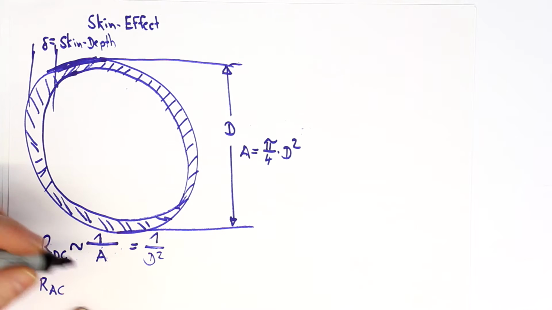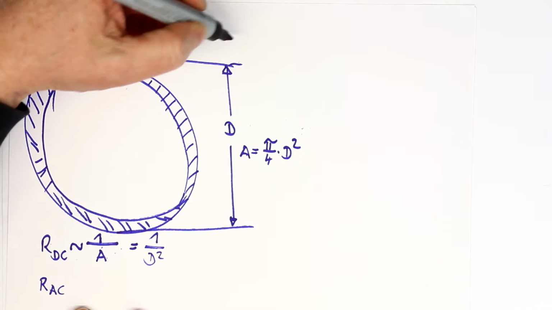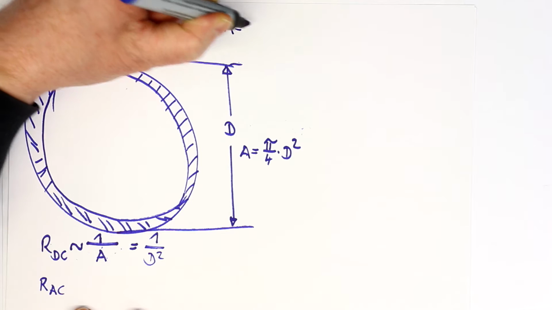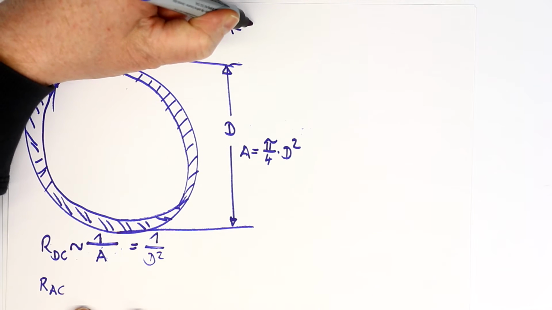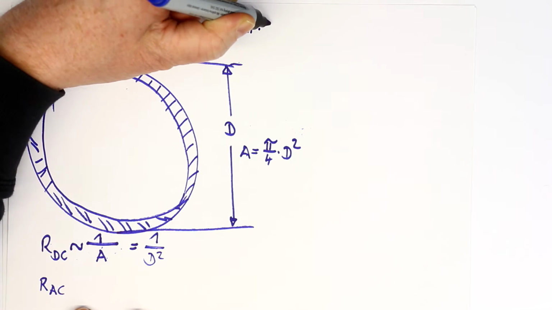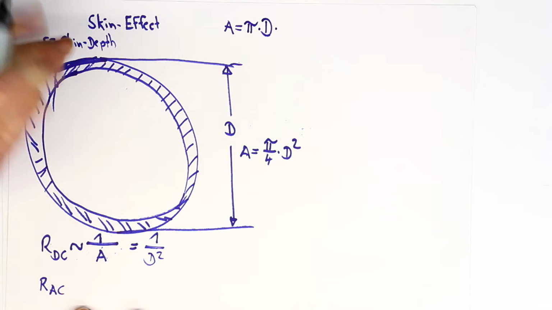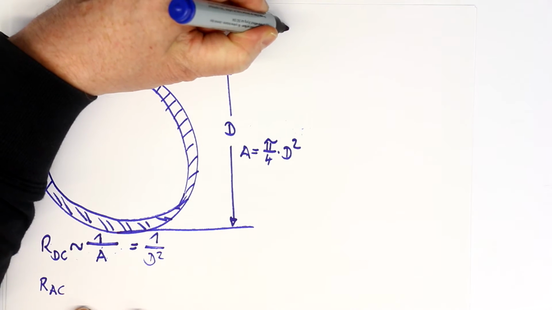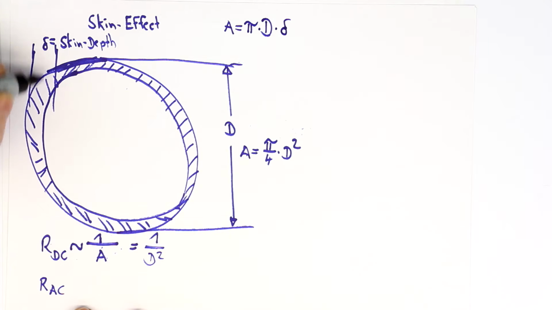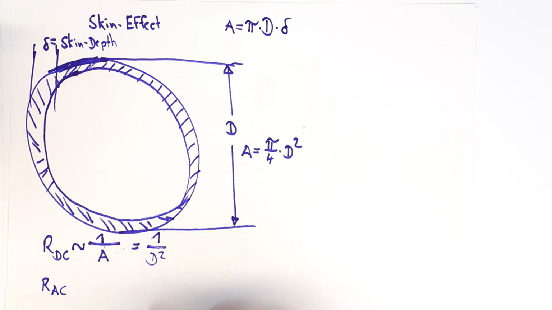And now the area of a ring is just pi times the diameter times the thickness of the ring, and the thickness is in this case the skin depth delta.